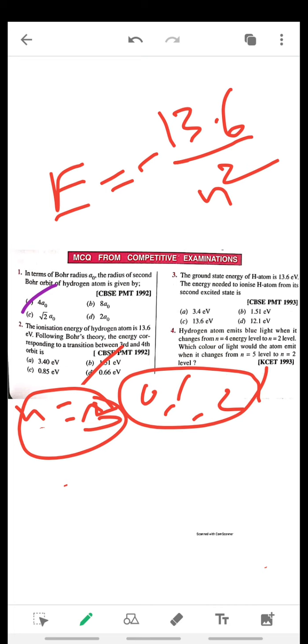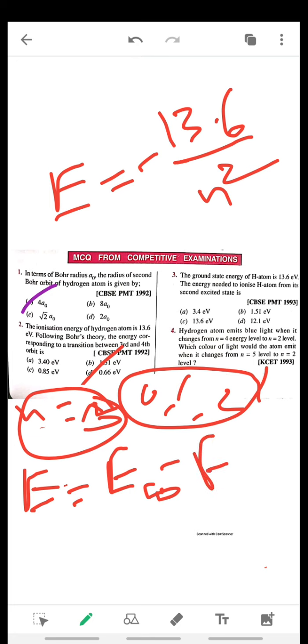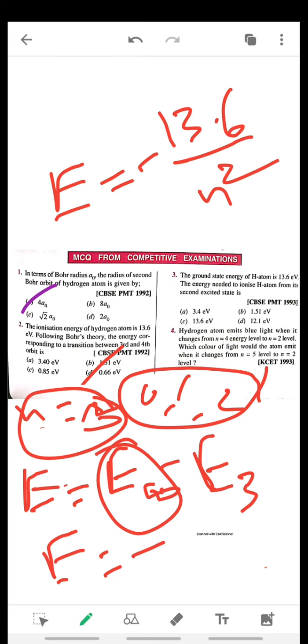Therefore the energy needed: the electron will be jumping from E infinity to E3. Transition of electrons takes place from infinity to the third level. Infinity means this value is 0, minus E3.